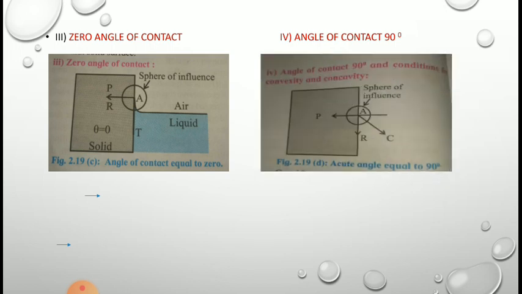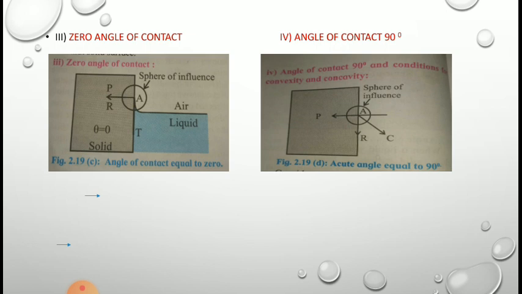In the next case, we consider a hypothetical liquid having an angle of contact of 90 degrees with a given solid container. In this case, the net cohesive force vector AC is exactly at 45 degrees with either of the surfaces, and the resultant force vector AR is exactly vertical along the solid surface.